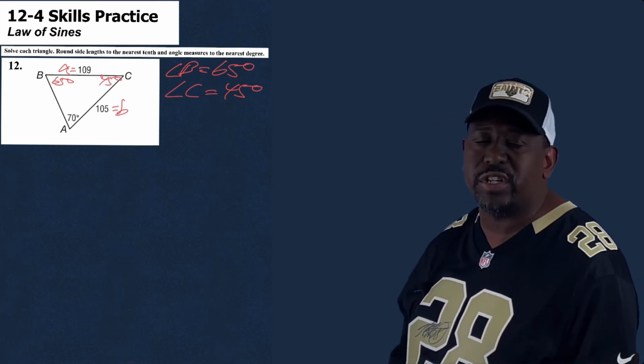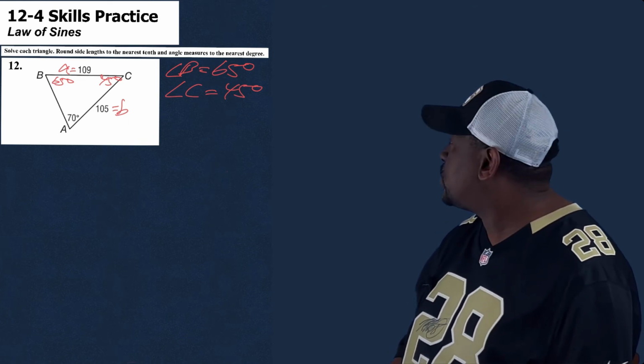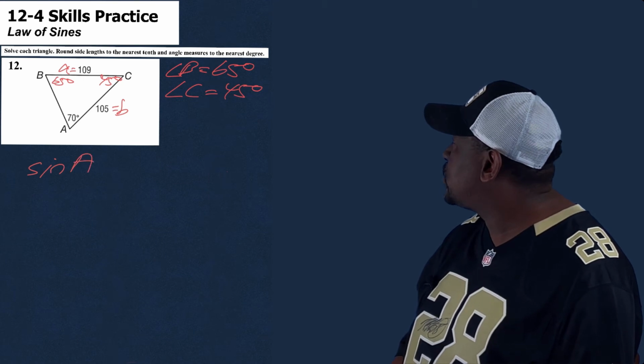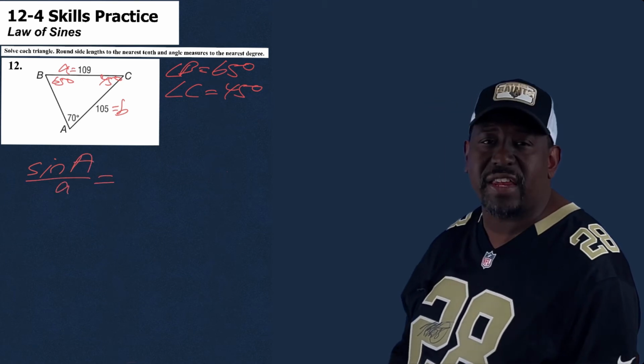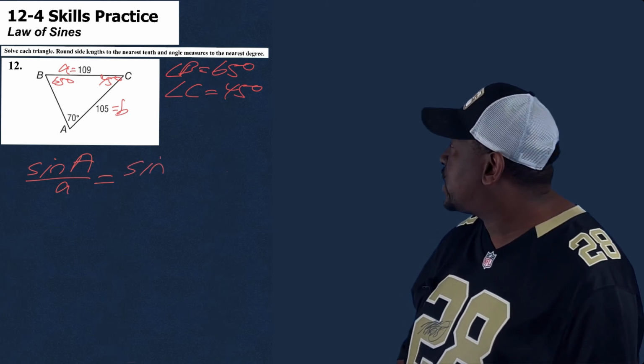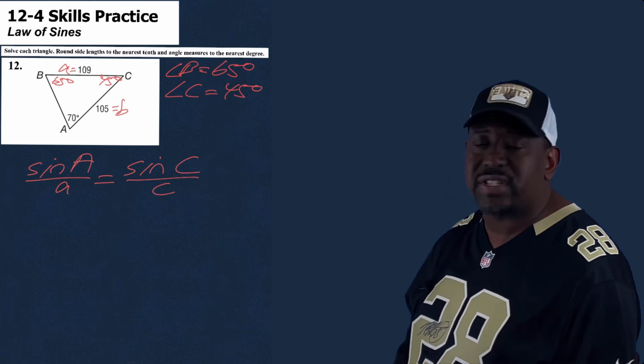So it's whichever one you want to use to get side C. So let's see what the NOLA MATHMAN does here. So he uses sine A. So he takes sine A over side A. And we'll set that equal to sine C over side C.